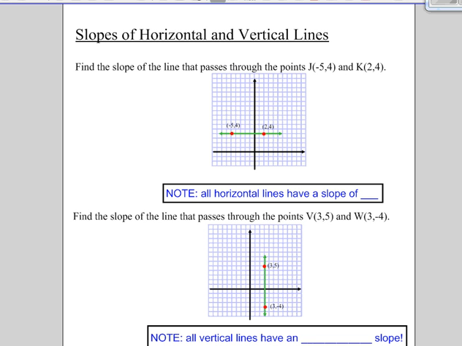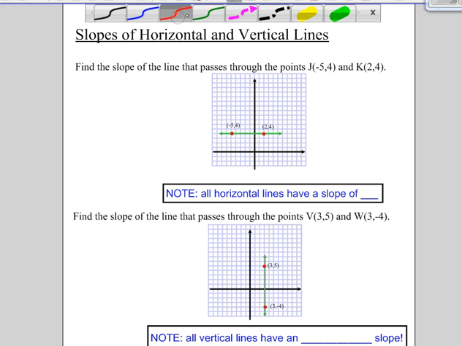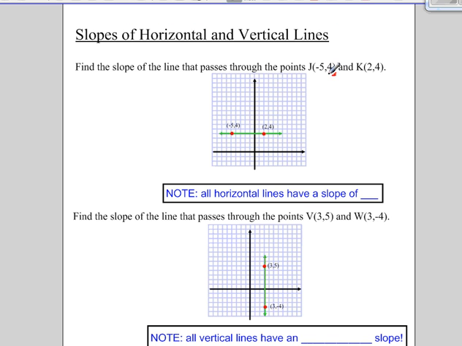Now this slide is just basically a review of something that we talked about last class. If you look at the 2 points that you're given, they actually form a horizontal line. And one trick that you have for knowing that is look at the y-coordinates. The y-coordinates of both of these are the same. And as soon as you know that the y-coordinates are the same, you know that it's going to be a horizontal line.